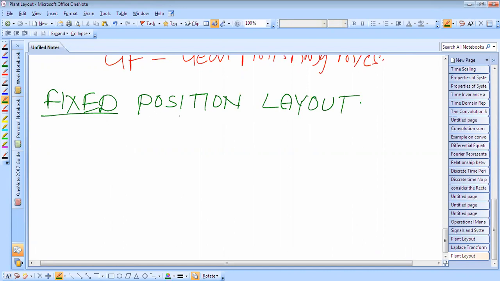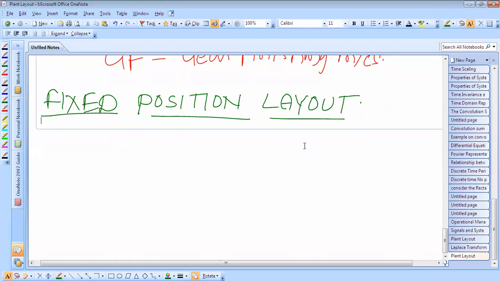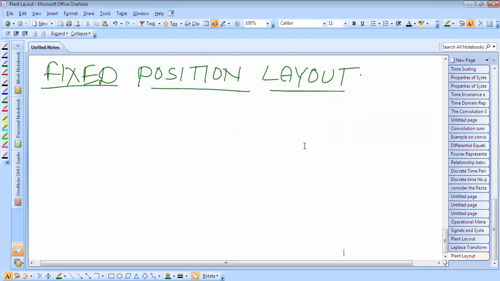The position is fixed, meaning in this case the position of the product is fixed, and such type of layout is generally used in ship building, aircraft manufacturing, and big pressure vessel fabrication. For example, such layout is generally used for the manufacturing of a ship or an aircraft.